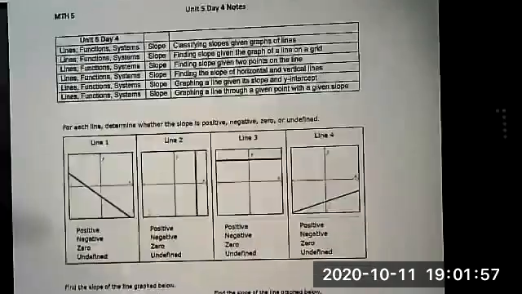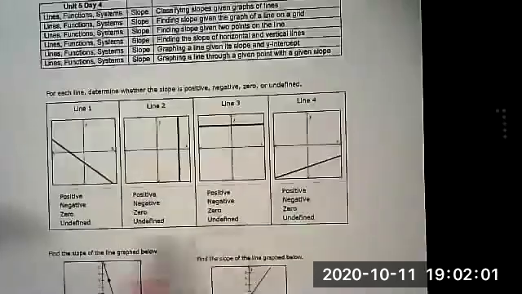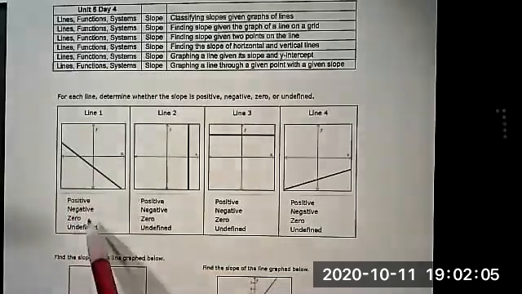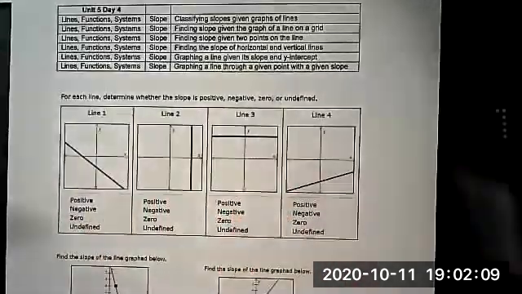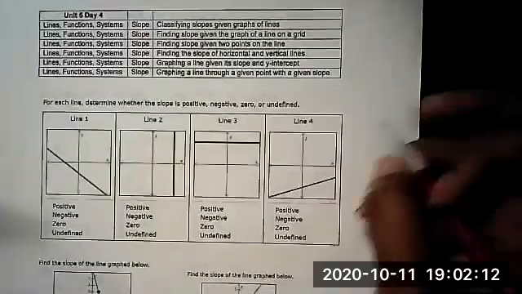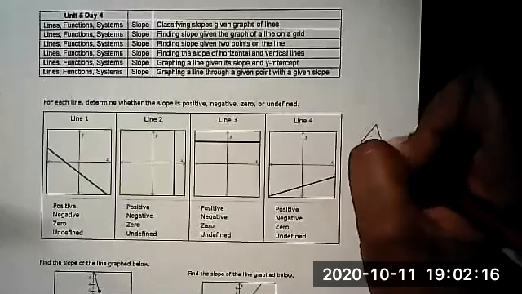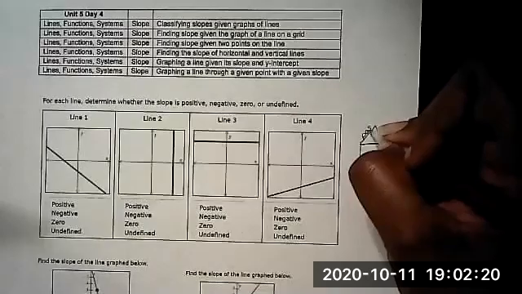So when we're starting here, these are just some keys to pay attention to: positive and negative, 0 and undefined. It wants you to determine, for each line, whether the slope is positive, negative, 0, or undefined. Usually I would tell my students to draw a house, okay? This here is positive.